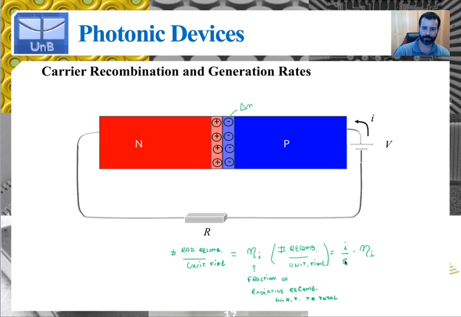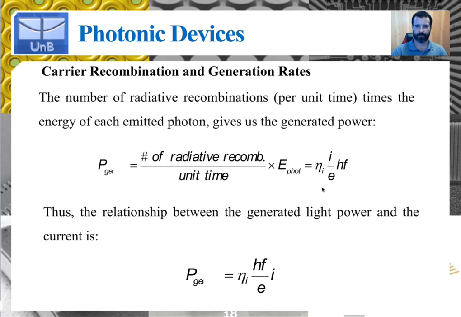So I divided by the elementary charge, multiplied by the internal quantum efficiency. And if we multiply this, this is the number of radiative recombinations per unit time. If we multiply this by the energy of a single emitted photon, we will have the total energy.